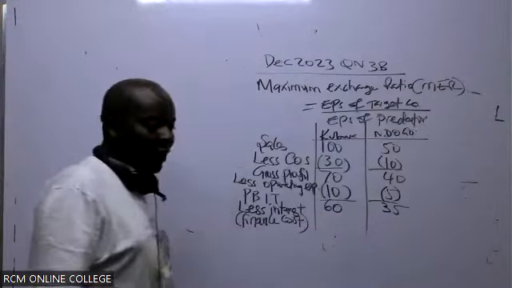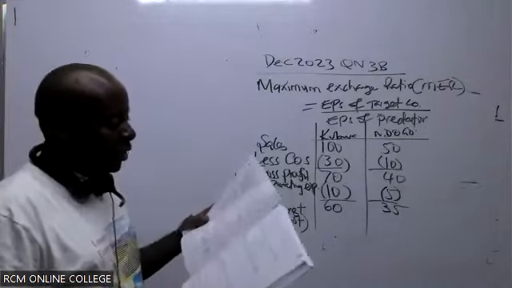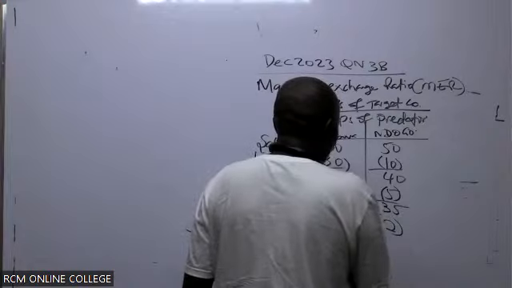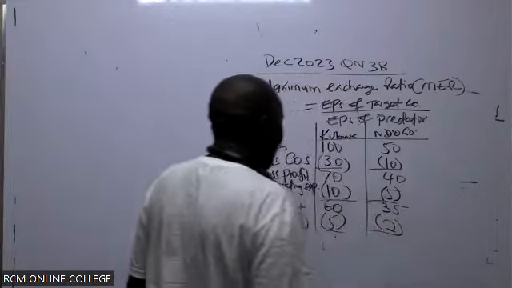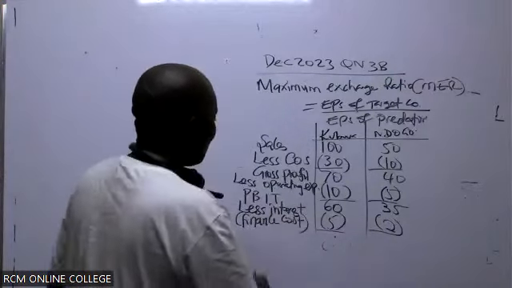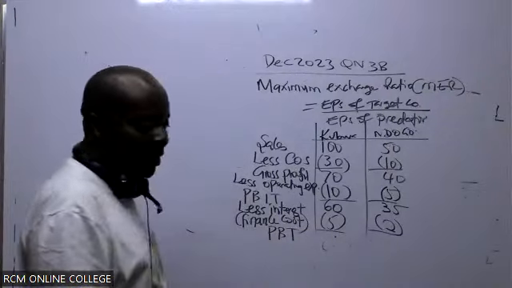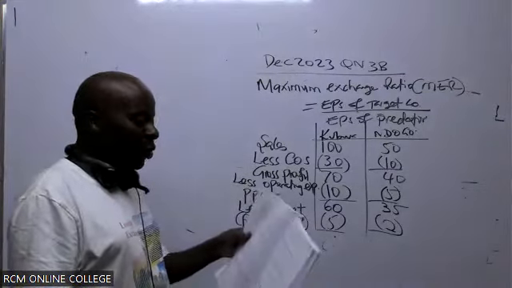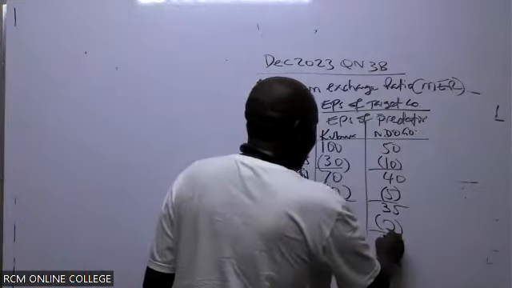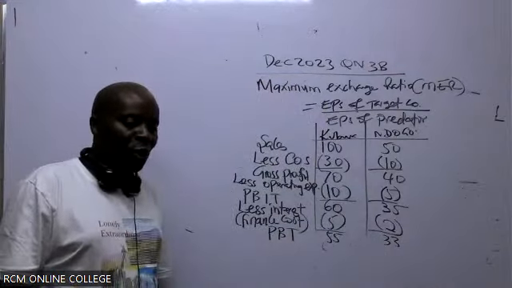The finance cost is 5 versus 2. Now I've been able to subtract interest, so this will be profit before tax. Profit before tax here is 55 versus 33.